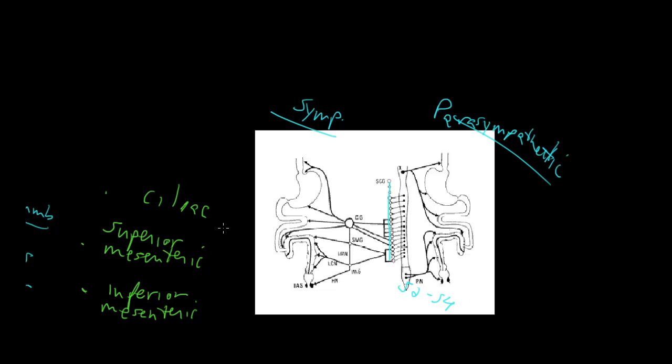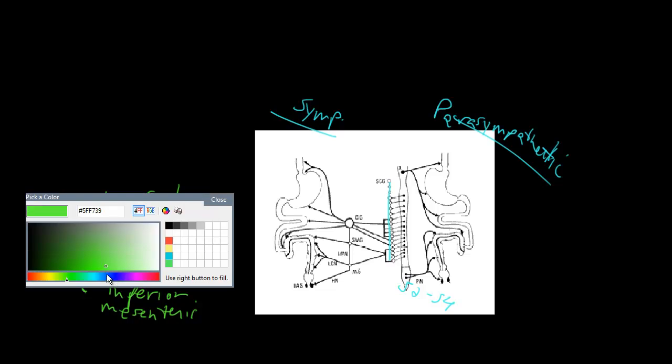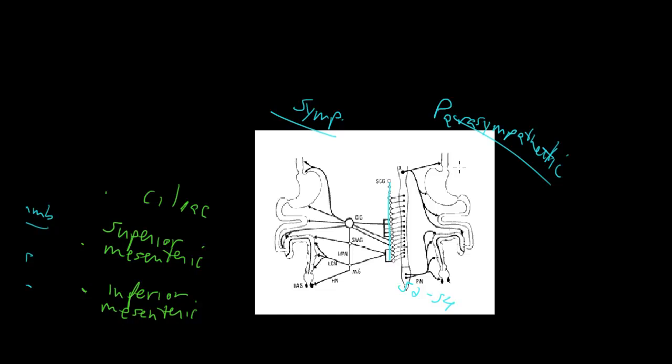So we see that the parasympathetic supplies all of the gut except for two exceptions. The majority of the gut is smooth muscle. But at the very beginning, at the very top, we see two striated muscles, not smooth muscles.